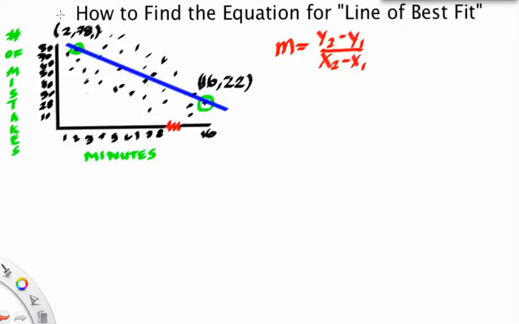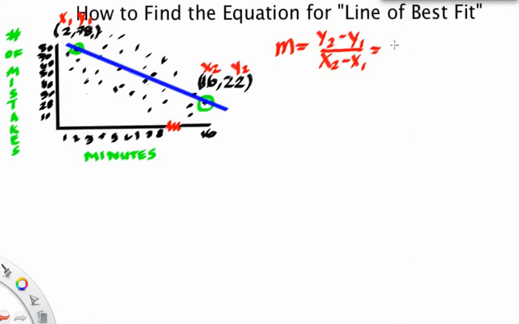And by now you should know that I'm just going to label mine up x1 and y1, and this one's going to be x2 and y2. All I got to do is plug in my numbers to that formula. That's why I had you guys memorize it. Hopefully you are committing it to memory now if you didn't before.